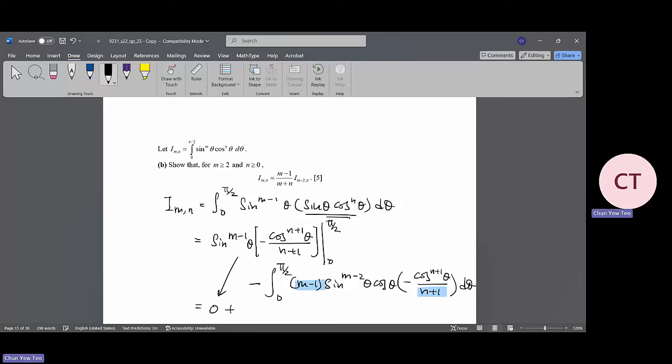So this one will become plus, integrate 0 to pi over 2, and we factorize the constant out, making this m minus 1 over n plus 1. So we have sine power m minus 2 theta and we get cos n plus 2 theta d theta. We have something like that.